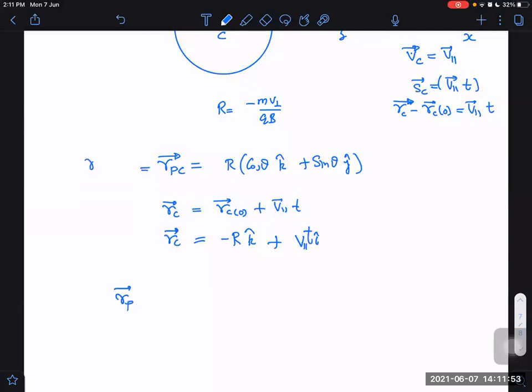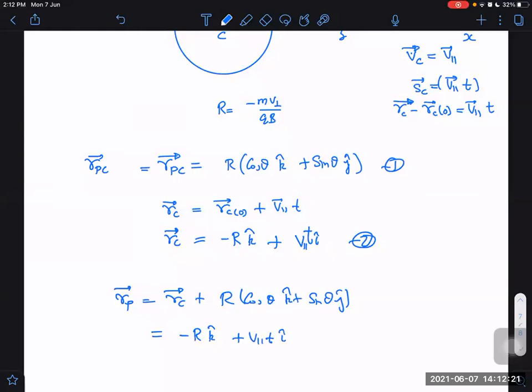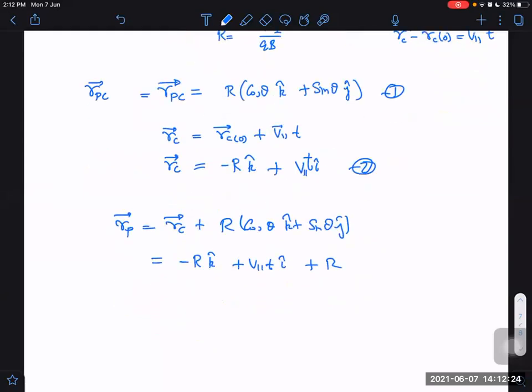This is the position vector of P with respect to C. So RP will become RC plus, use equation number 1 and number 2, R cos theta k cap plus sin theta j cap, also minus R k cap plus V parallel into T I cap plus R cos omega T k cap plus R sin omega T j cap.